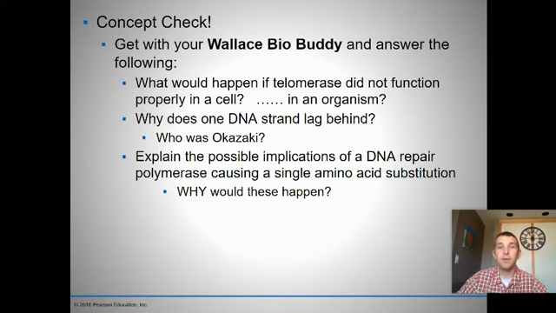And if we had a single amino acid substitution, if that amino acid is really similar in nature to the amino acid it replaced, it might do nothing. If that amino acid is different, it's going to cause a change in the protein's shape, which could cause all sorts of stuff. It could cause an increase or decrease in an enzyme activity.